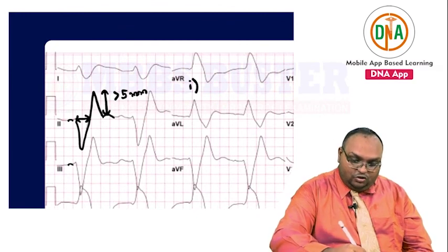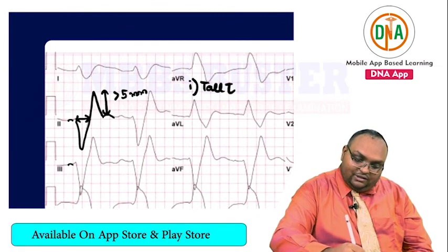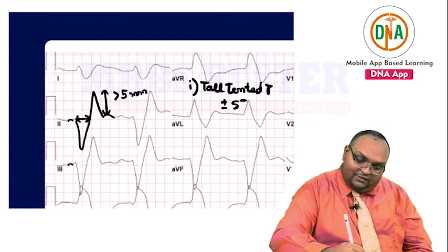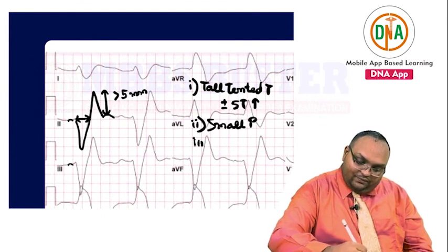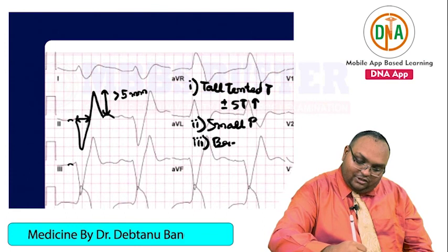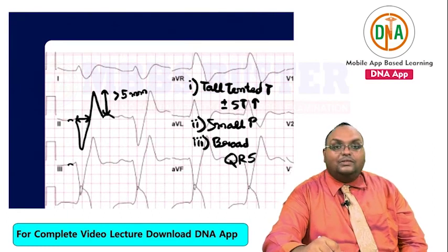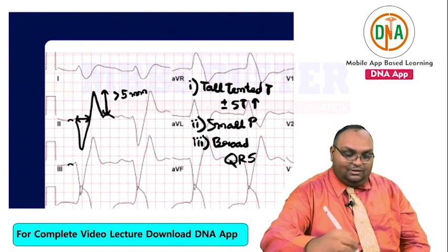So tall tented T waves plus minus ST elevation, small or inverted sometimes P waves, and broad complex QRS. This together will constitute what? Yes, hyperkalemia.